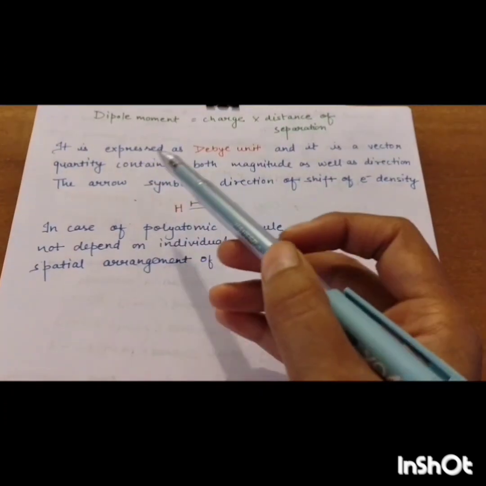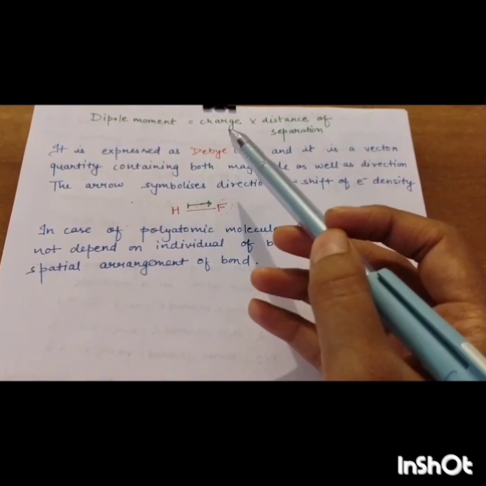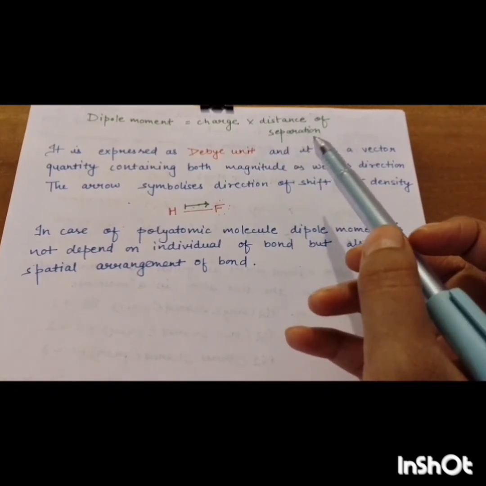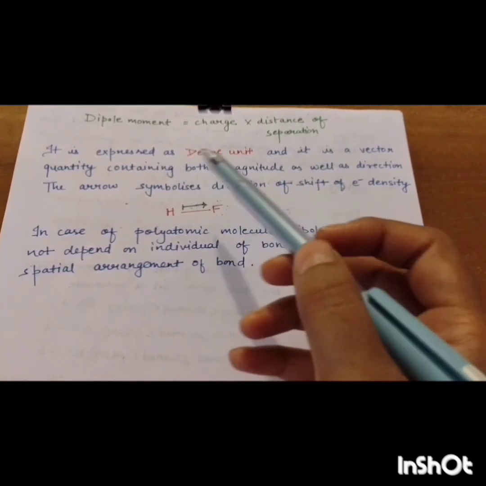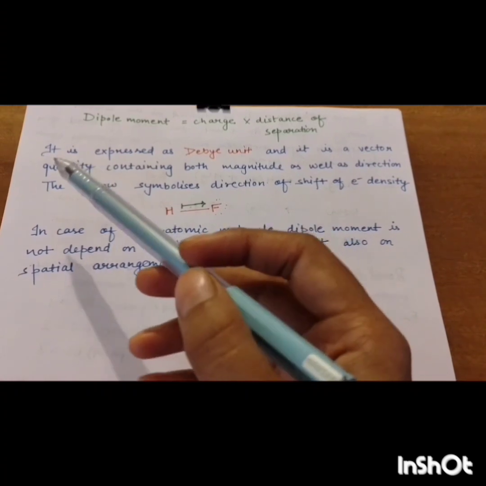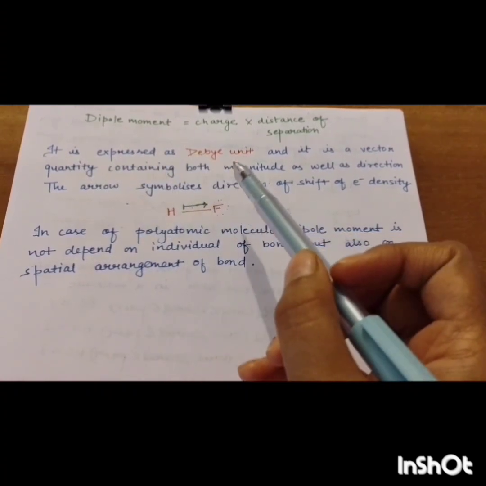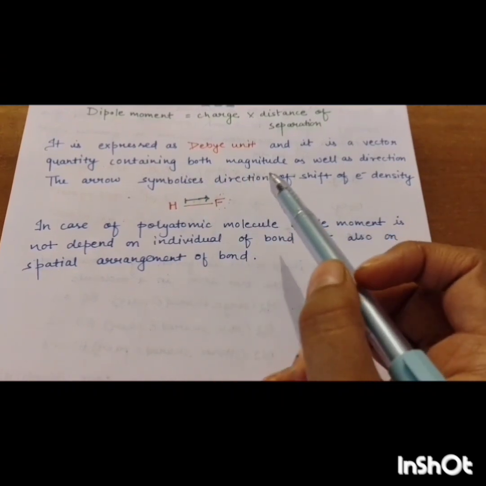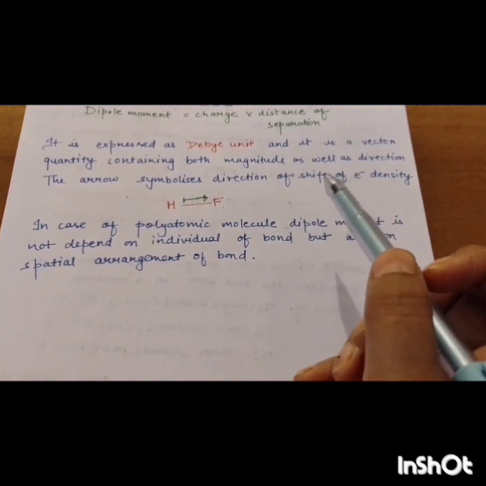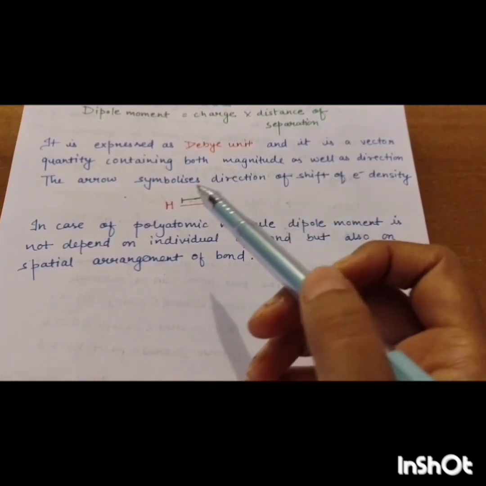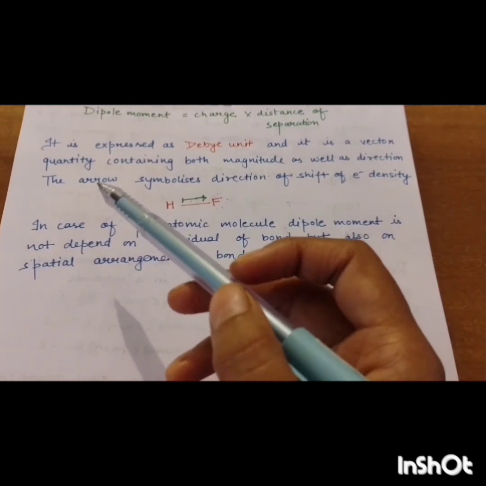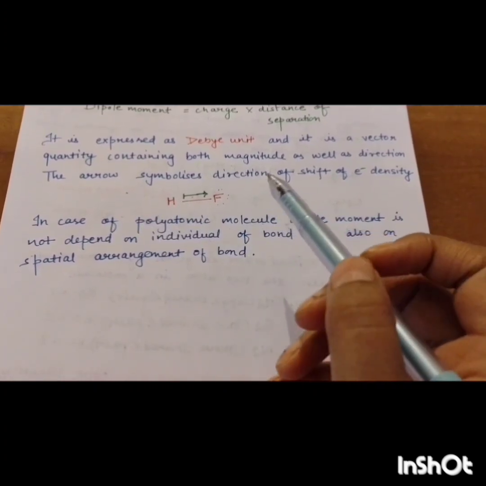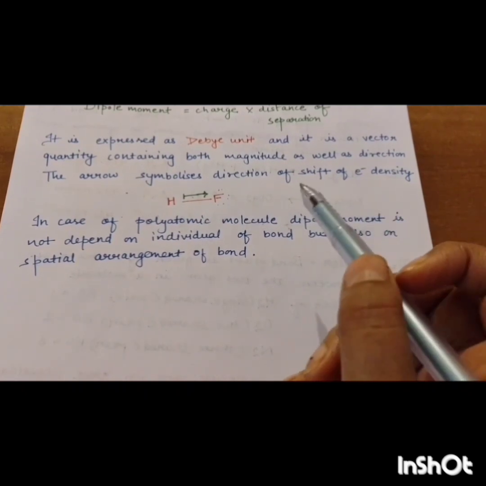The dipole moment is defined as the product of the charge present and the distance of separation between them. It is expressed in debye units, and it is a vector quantity containing both magnitude and direction, as you have already read about scalar and vector quantities. The arrow symbolizes the direction of shift of electron density.